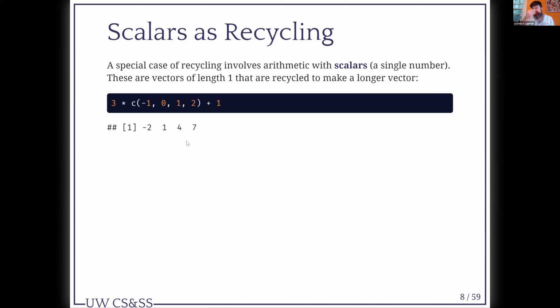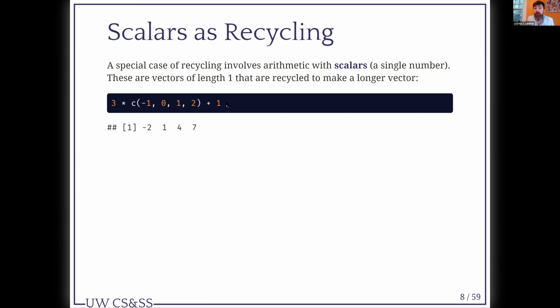Like I said, scalars, a single number like this, are a special case of recycling. If I do 3 times a length 4 vector plus 1, this is a length 1, this is a length 1, but the result is going to be the length of the longest object, because the 3 will be extended to be length 4, the 1 will be extended to length 4, and then it creates this vector, which is the result of taking 3 times -1 plus 1 is -2, 3 times 0 plus 1 is 1, and so on.